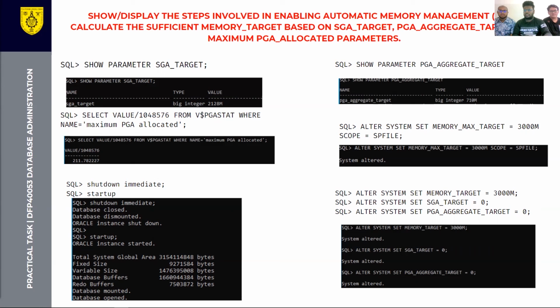So how about calculating the sufficient memory target? Based on the SGA target, PGA aggregate target and maximum PGA allocated parameter, if you need to look for the sufficient memory target, you need to add the SGA target and PGA aggregate target, which is 212M plus 872M, which in this case will proceed to 3000M in the memory target.